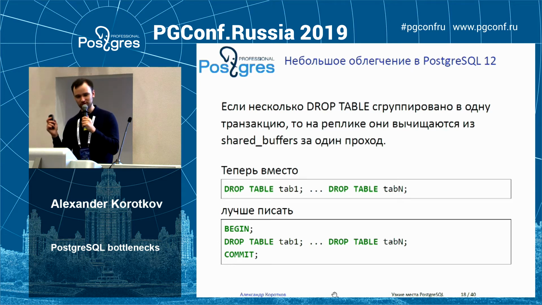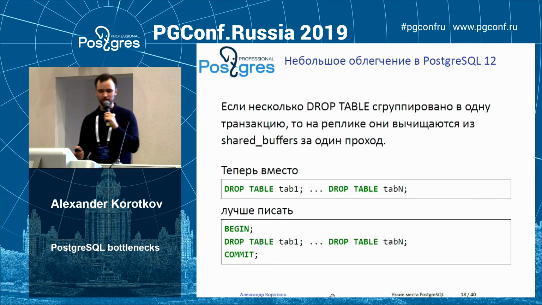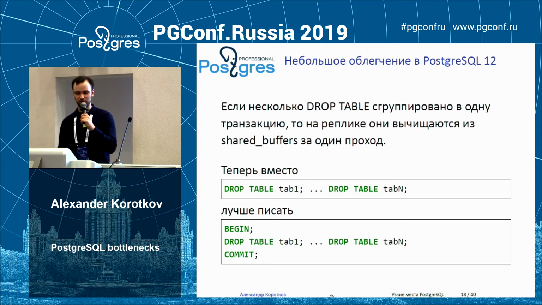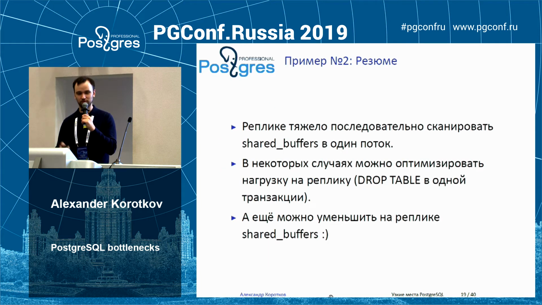In Postgres 12, we committed a small optimization. If we take a DROP TABLE command in one transaction and make it drop several tables, then on the replica they will be purged in one pass, in one transaction. So instead of dropping the tables one by one, if we do it in one transaction, it means that the replica may survive.